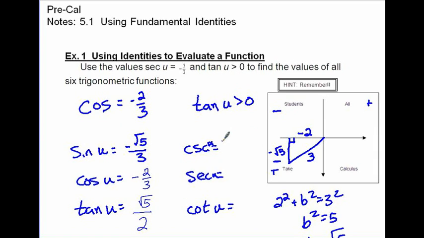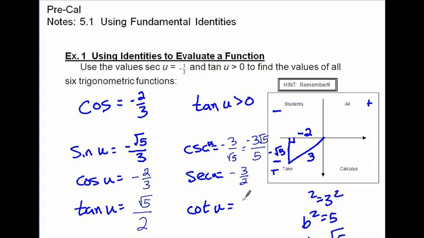Cosecant, you just take the reciprocal of sine, and it's going to be -3/√5, but of course we cannot have that down there. So by this point, hopefully you've caught on how to do that pretty quickly. So it's -3√5/5. Secant is just going to be -3/2. And cotangent, let me erase some of this here so I have some more room.